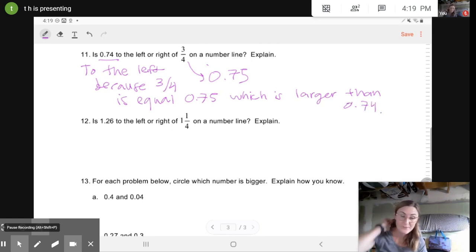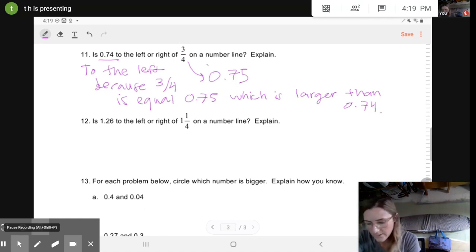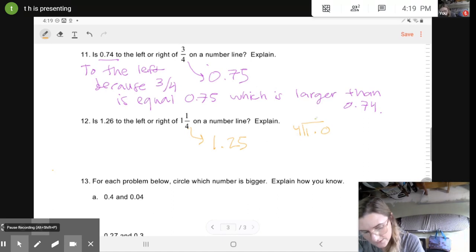Okay, is 1.26 to the left or to the right of 1 1/4 on the number line? Well, 1 1/4, I have to think about what is 1/4 of 100, and then I can rewrite this. 1/4 of 100 is just 0.25. So 1.25, if I didn't know that, I could just divide 1 divided by 4, and then I would get 0.25 using long division.